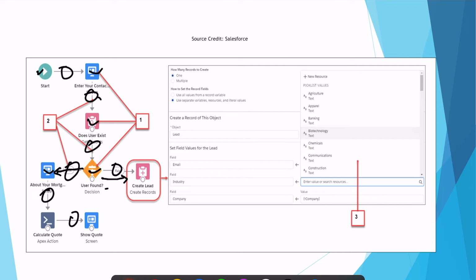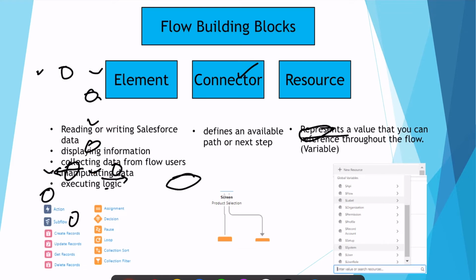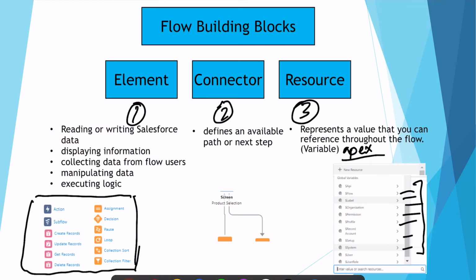Like if you would like to create a record or store some value, like if there is a field Industry that we would like to update with some specific value, or we are collecting some value from another element, and the value is stored in a Biotechnology resource, then you can use that to assign the value to Industry. So this is the resource basically. These are the building blocks of flow.